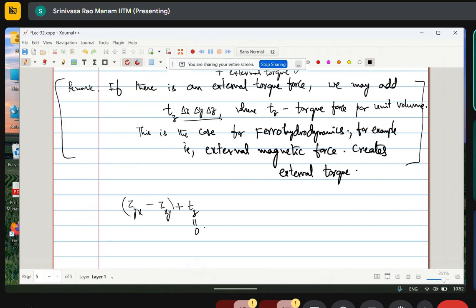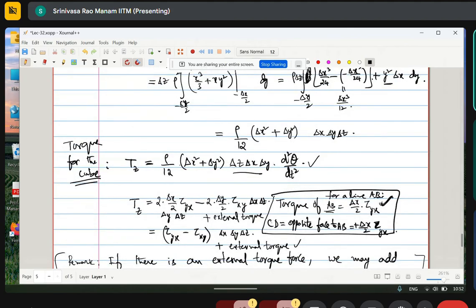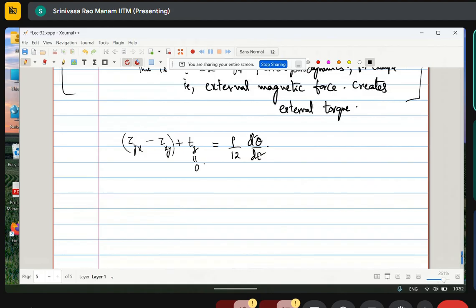We assume it equal to rho by 12 d square theta by dt square, the angular acceleration, times the moment of inertia, rho by 12 delta x square plus delta y square.